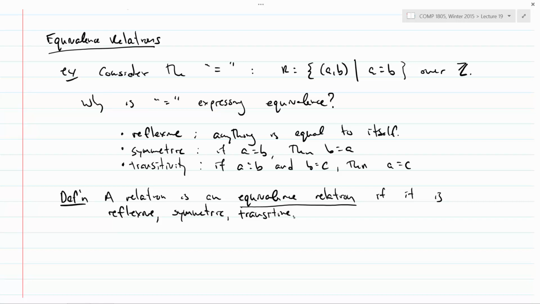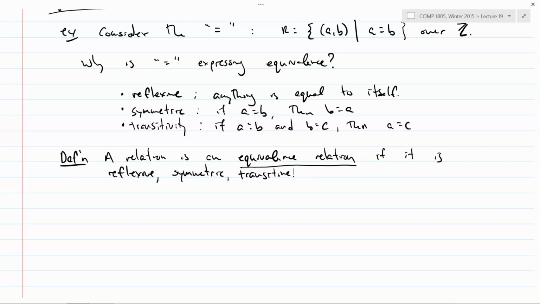All right. So there's lots of examples. So we saw one here that's equals over the set of integers. You could also have equals over the set of sets. You could have logical equivalences. So logical equivalence is an equivalence relation as well. So there are many examples.